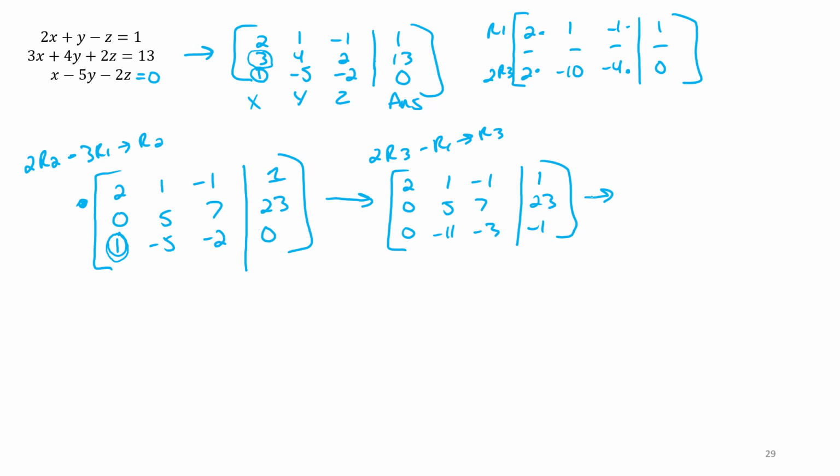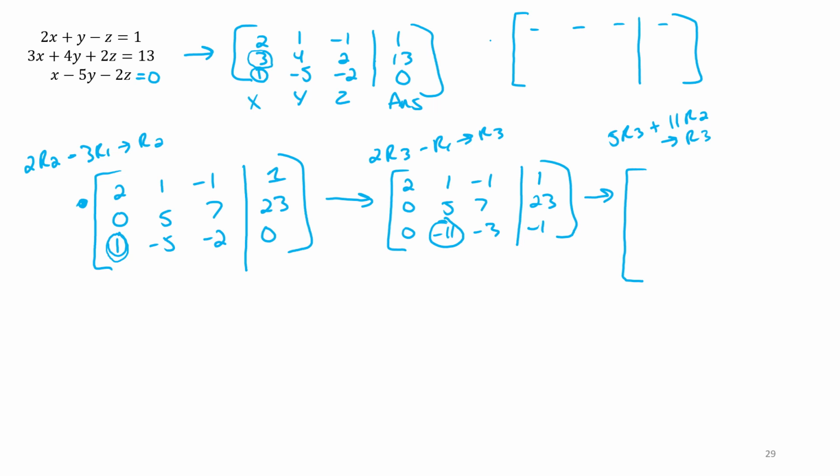So now we want to get this negative 11 spot to 0. And so we could do 5 times row 3 plus 11 times row 2, and we're going to return it to row 3. So we're keeping row 1, it stays the same.